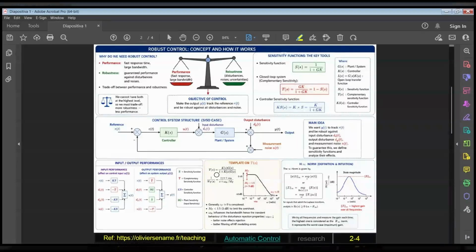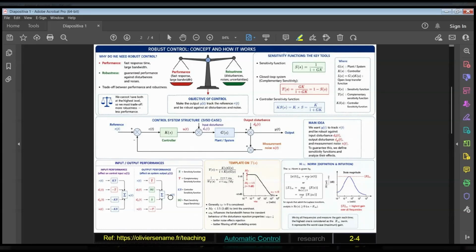T maps the reference R to the output Y. So the main idea is that every sensitivity function maps a particular input to a particular output. The two outputs that interest us the most are the control signal output U and the system output Y.